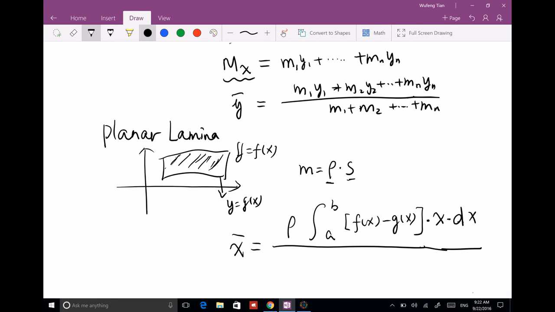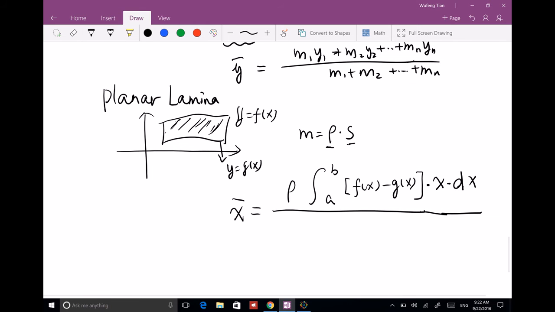You also have to multiply by the moment arm, the length of the arm, which is the x coordinate, and then divide by the total mass of this solid or planar lamina. So you have to divide by the total, which is rho over a to b, f(x) minus g(x) dx.